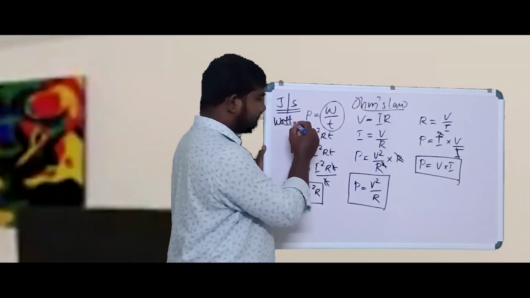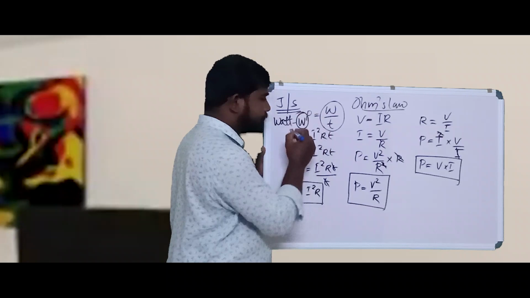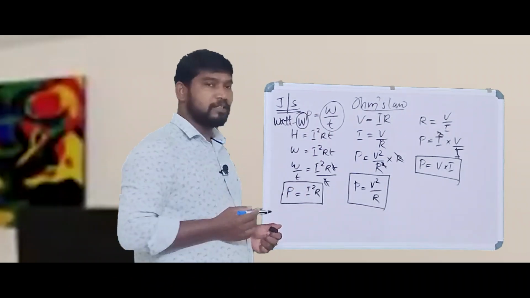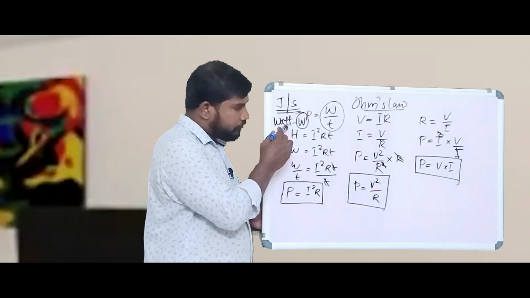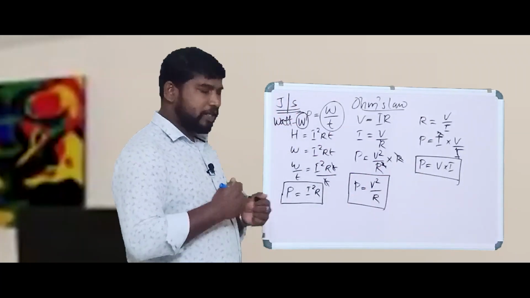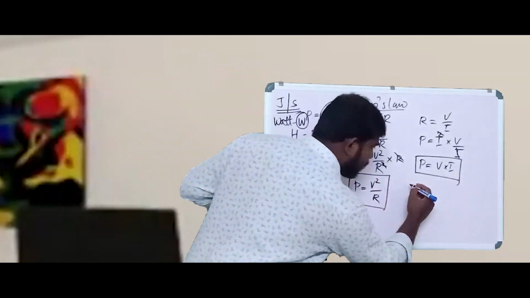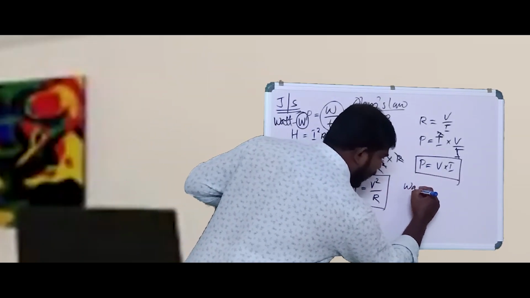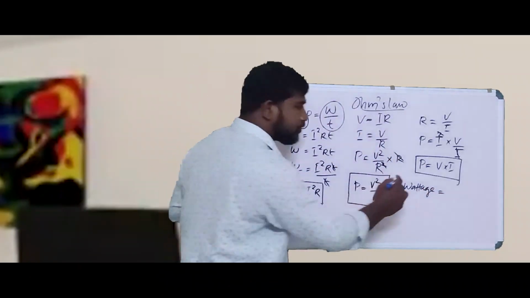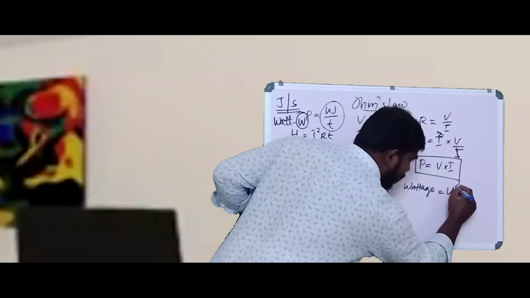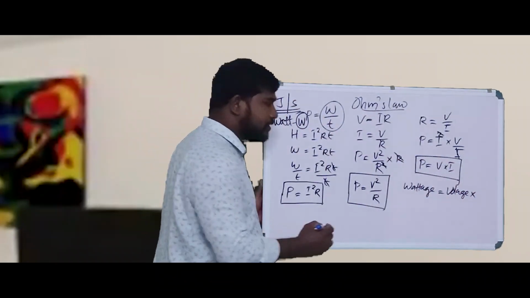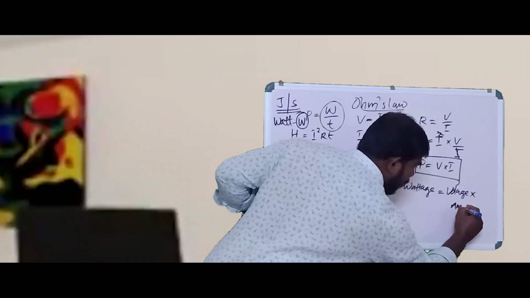It is represented as capital W, that is watt. Power is always given as wattage. So power P is equal to V into I, where V is voltage and I is amperage.